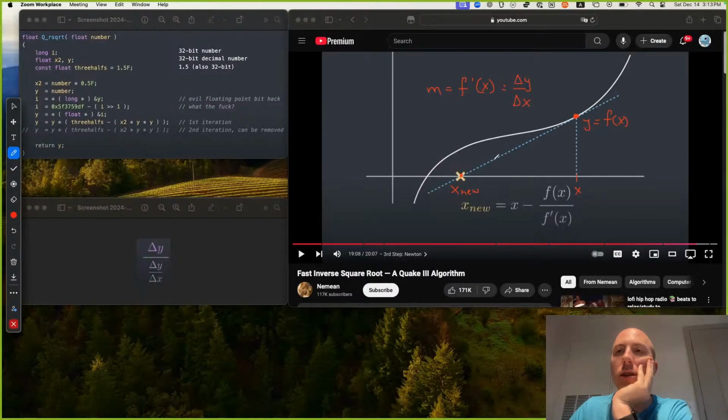How do you actually get that? So he's just doing, recall, I guess, that this thing is just delta y over delta x, he said. It's equal to delta y over delta x.